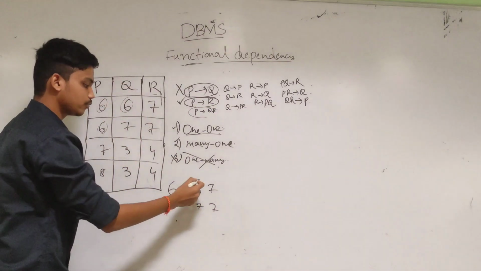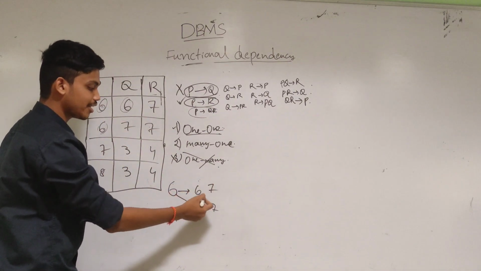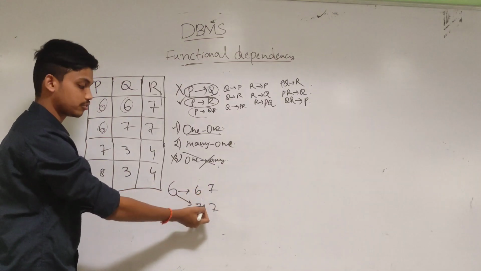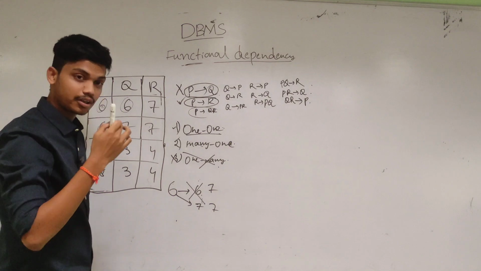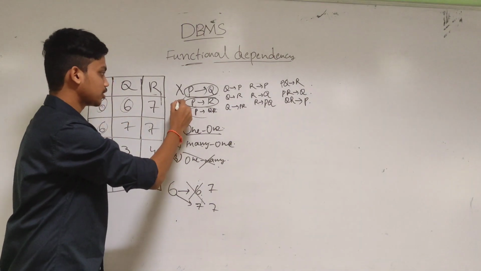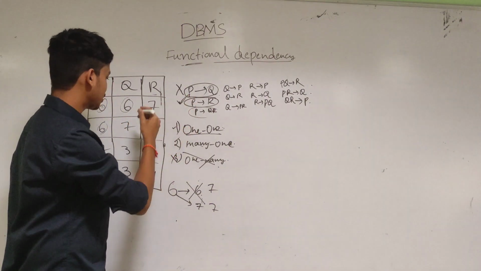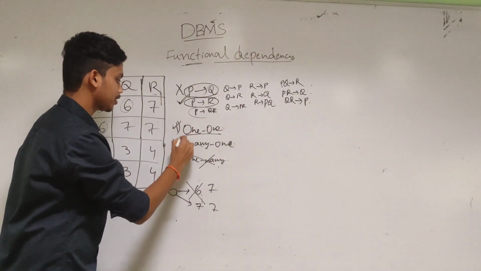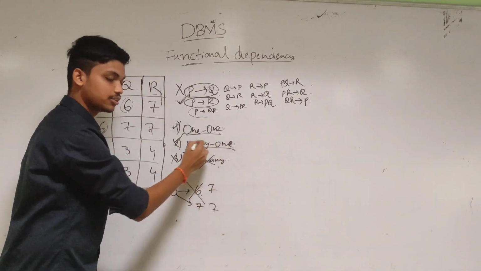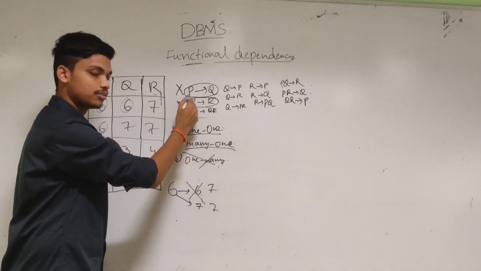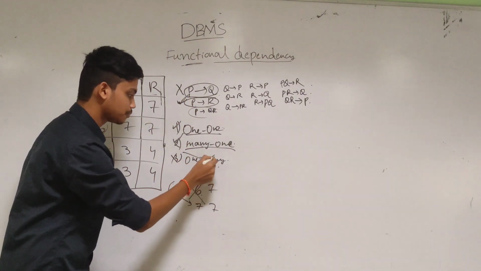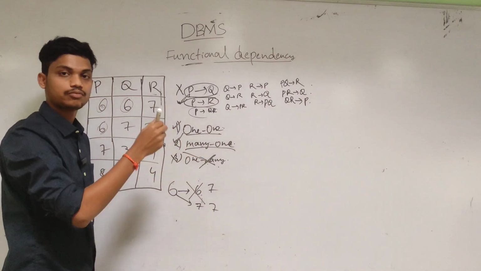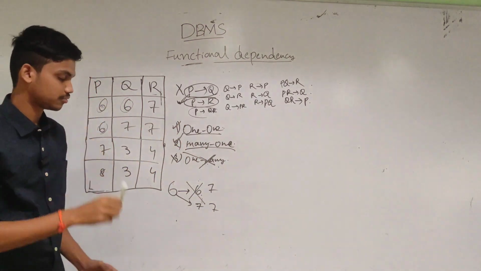One value is combined with many values of the other attribute. This is not possible. So if in an exam anyone gives you a question asking how many functional dependencies are valid, generally check whether it is one-one or many-one. If it satisfies either, then that is valid. If in any relationship a one-many relationship came, that is not a valid non-trivial functional dependency.